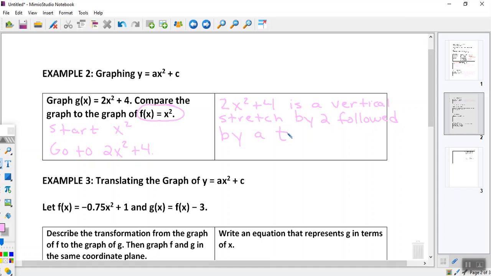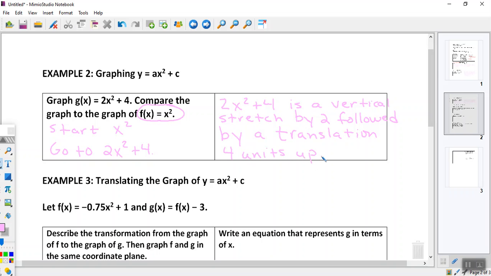What's this mean right here? What's that word translation mean? Yeah, we slide it up, right? Followed by a translation. How many units up, kids? 4 units up. Followed by a translation, 4 units up. Now I'm going to go back to my graph here in a second.